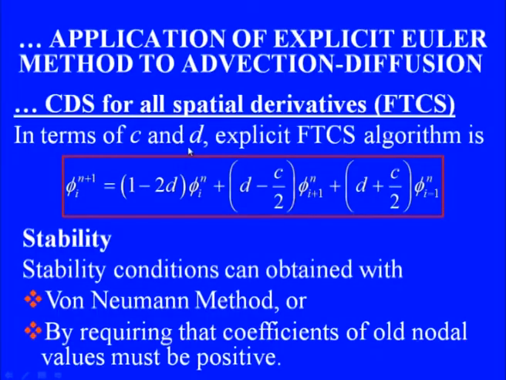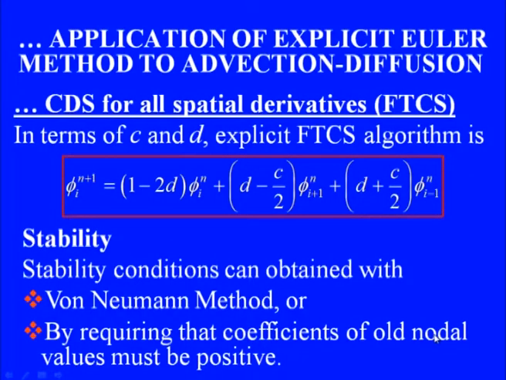Now in terms of these two parameters c and d, this is the shorthand form of the explicit FTCS algorithm for the advection-diffusion problem. Phi I n plus 1 is equal to 1 minus 2d phi I n plus d minus c by 2 phi I plus 1 n plus d plus c by 2 phi I minus 1 n.